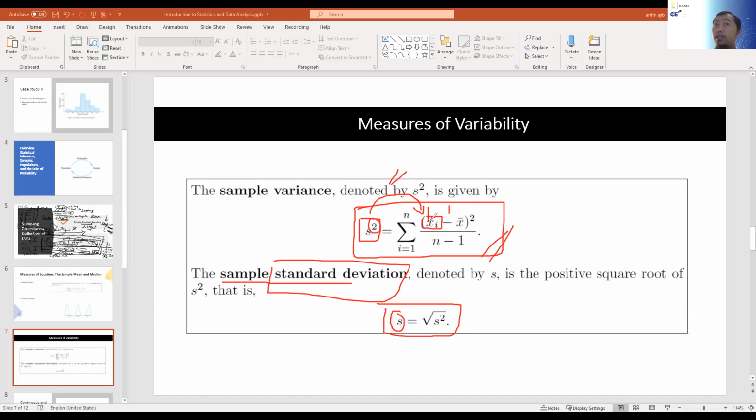Not equal. It is proportional, but not equal, because this is power by 2, this is power by 1, but the variance is powered by 2. So to get the equal unity, we should take the square root.